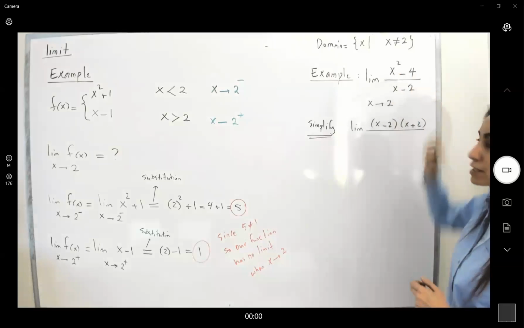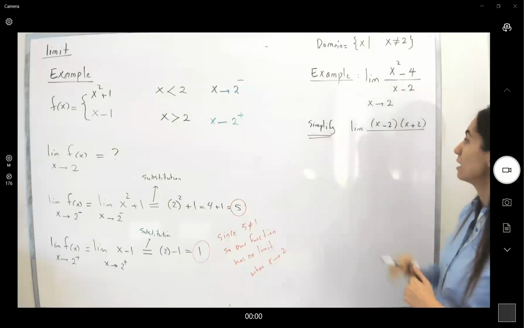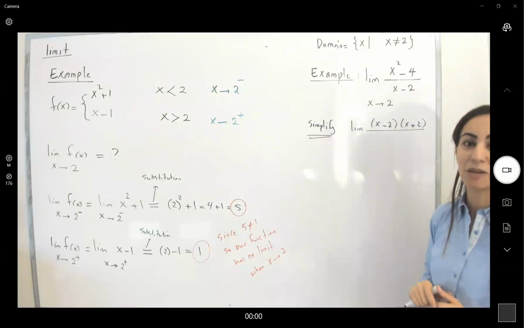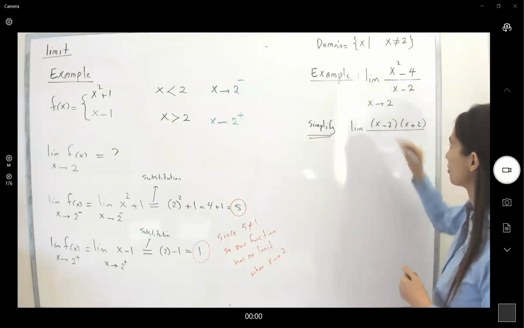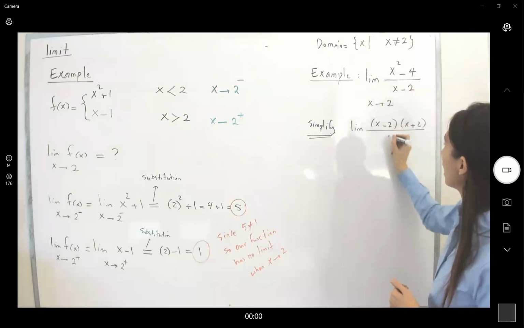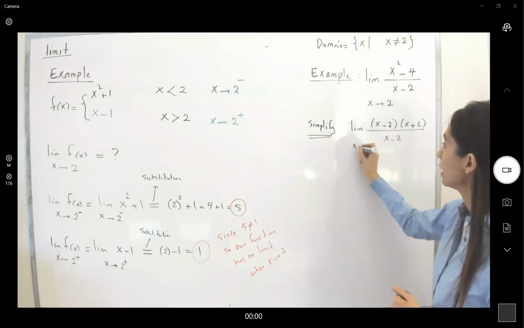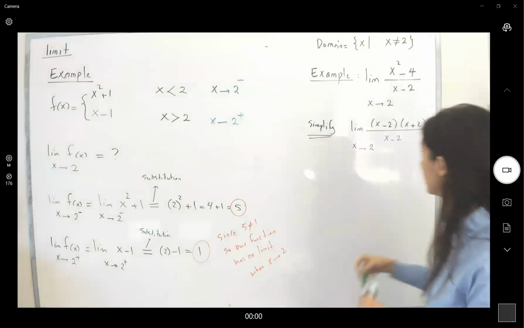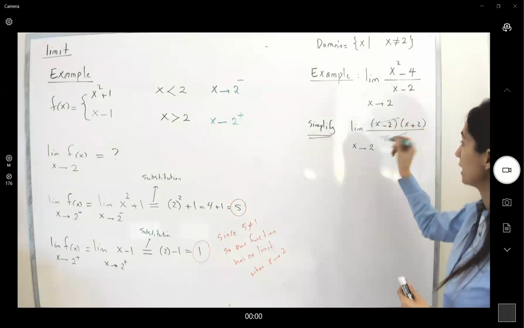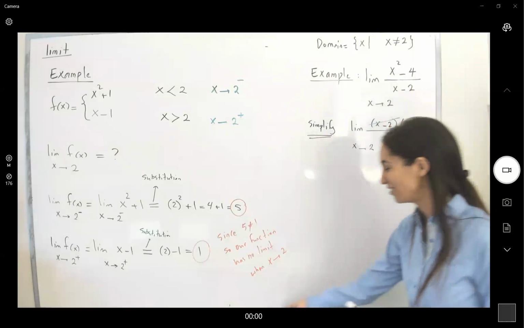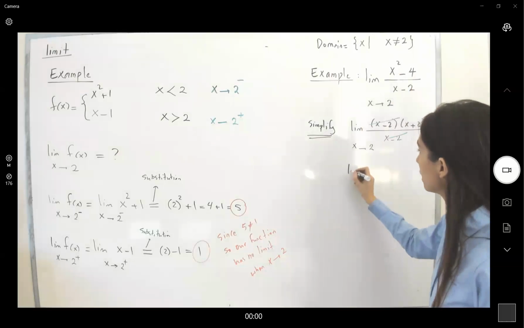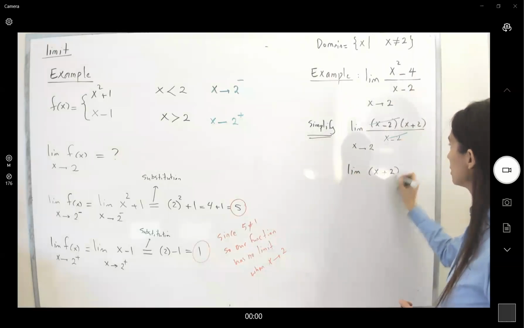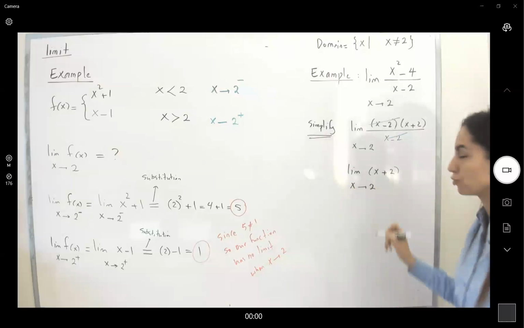The difference between squares can be separated into their sum and their difference. So on the denominator, you have x minus 2, and your x approaches 2. Okay, here you can cancel out x minus 2 and x minus 2. What is left? We're left with the limit of x plus 2 as x approaches 2.